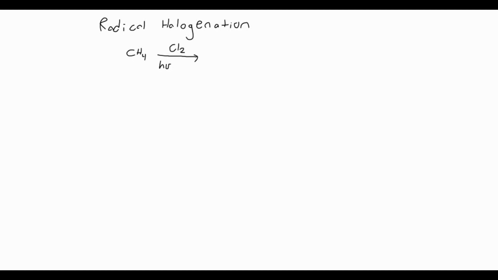In this case we're going to be using ultraviolet light, or we could also use heat, and we represent that with capital delta. And this is going to form CH3Cl, so we have removed one of those hydrogens and replaced it with a chlorine atom, and we're also going to end up with hydrochloric acid, or HCl, as a byproduct.